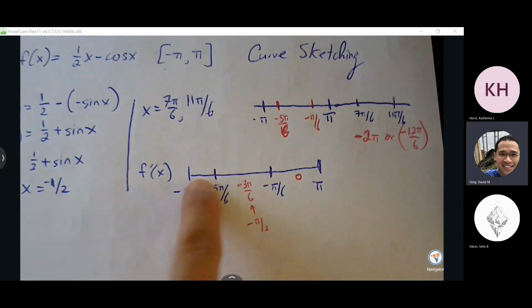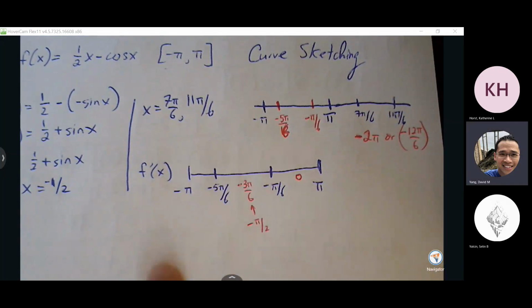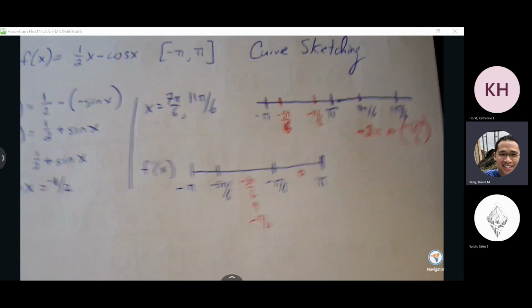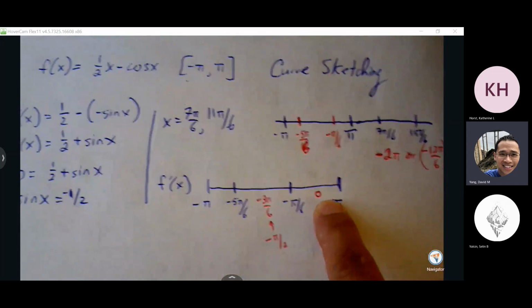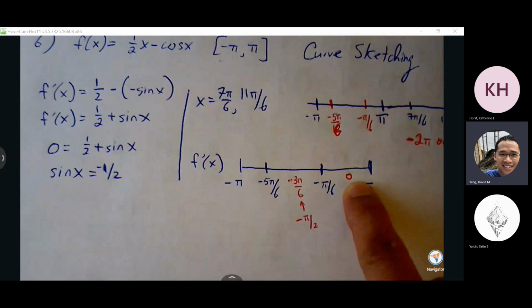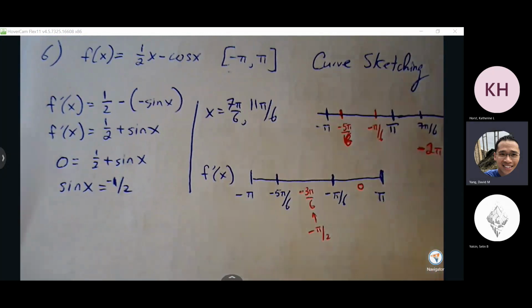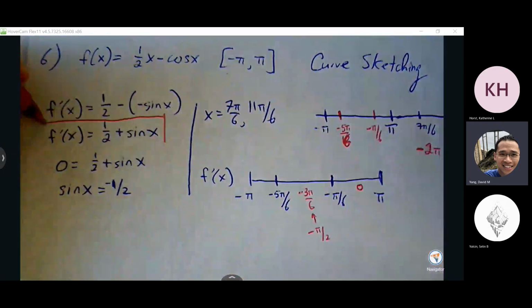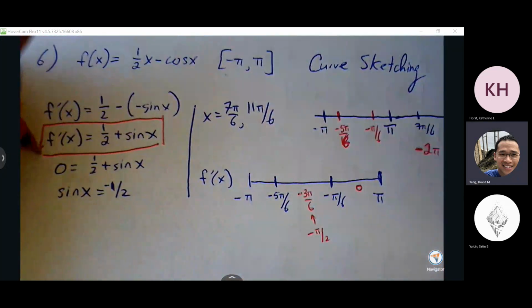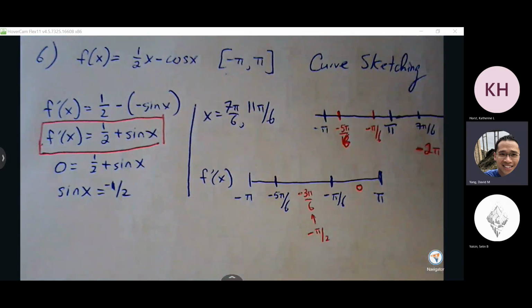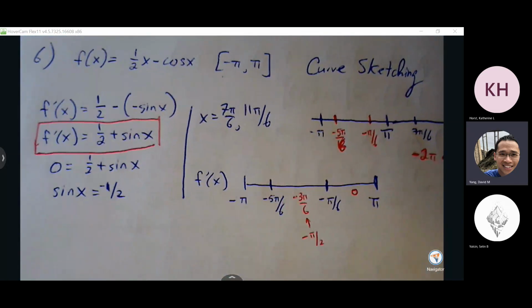If we have 2, then it should be easy to see the pattern. If I insert 0, where am I going to test these values? In the derivative, right? This is my slope sine line. I want slope behavior, not ordered pair, so I want to go back into the derivative.